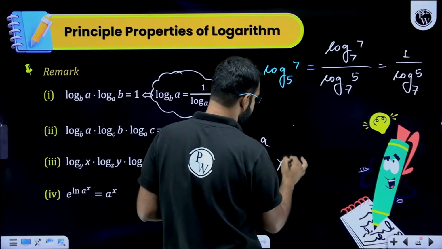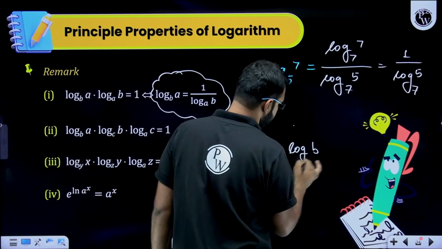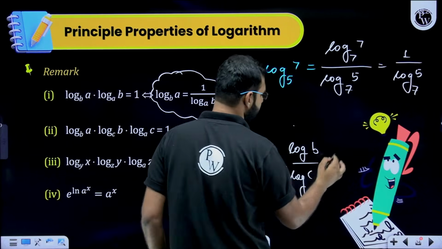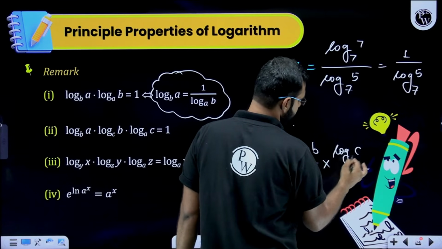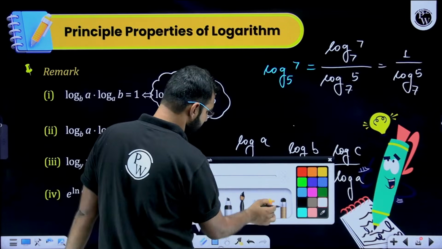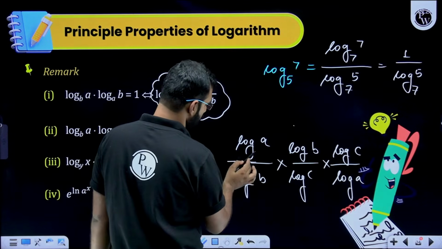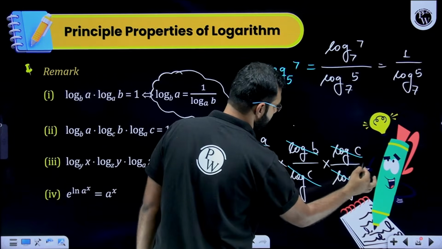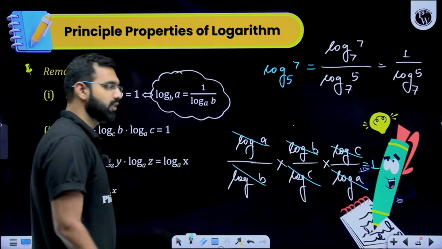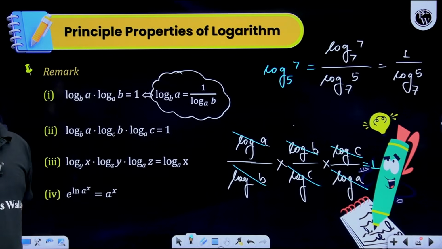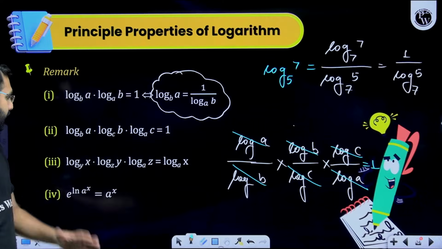Log b base c, I'll be writing as log b by log c. And here, log c base a, I'll be writing as log c by log a. Now, what am I getting from here is clearly log a getting cancelled, log b getting cancelled, log c getting cancelled, so it will result into 1. So this is not a property technically, but you've got to understand that this is how you deal with questions based on log. Are we clear on that?